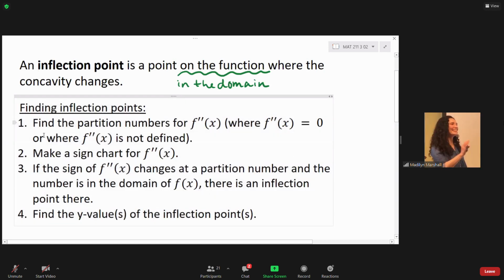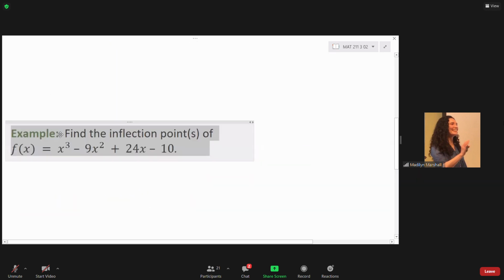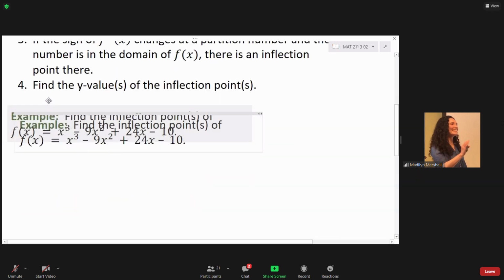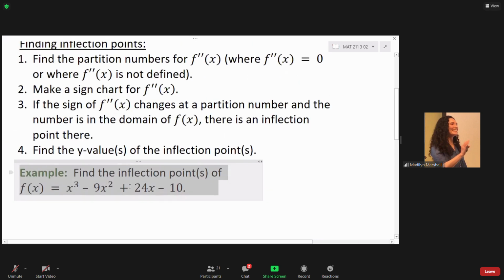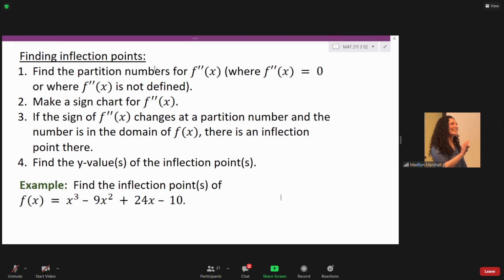So let's get to our first example. So we're going to find the inflection point or points of this function, which is the same one we were working with before.